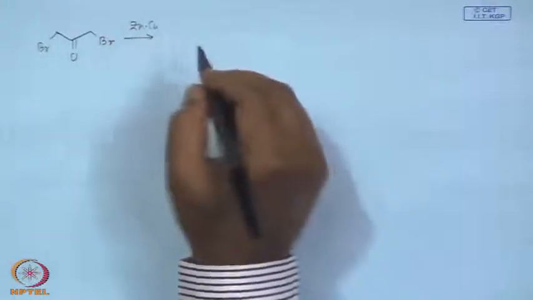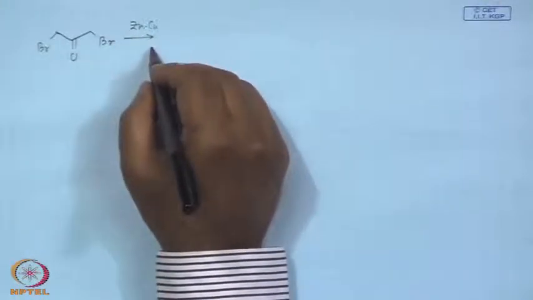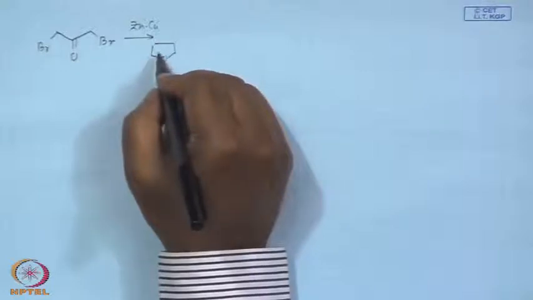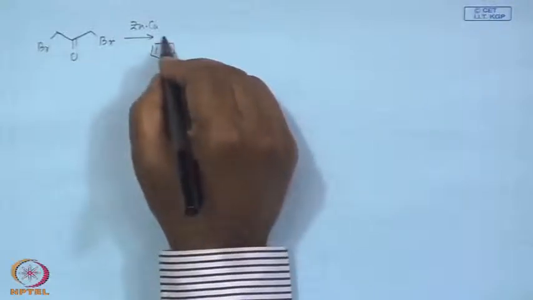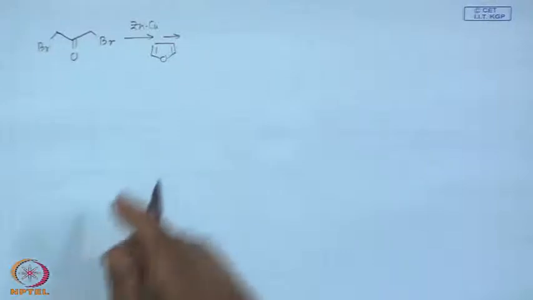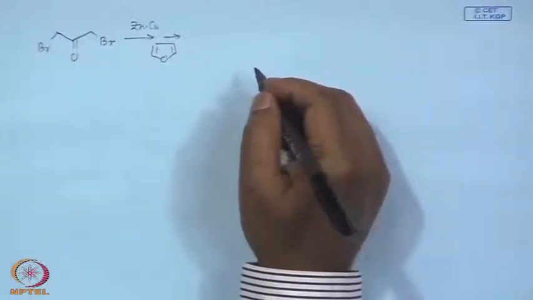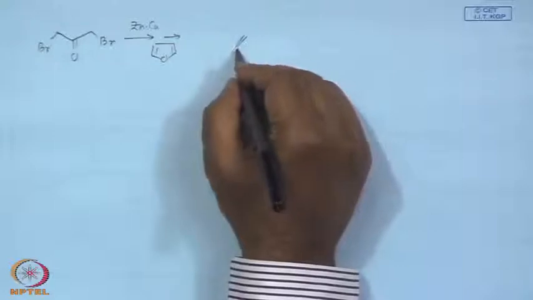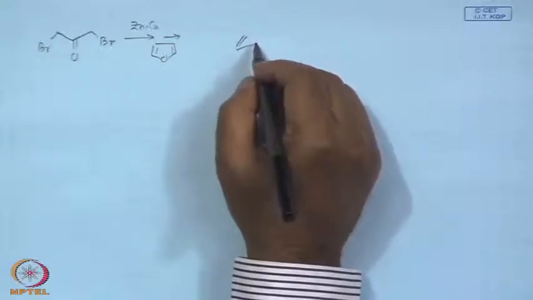It could be simple copper bronze also. This is basically a reducing agent, and you treat this with furan. So, if you add furan, you will find an oxyallylic cation.